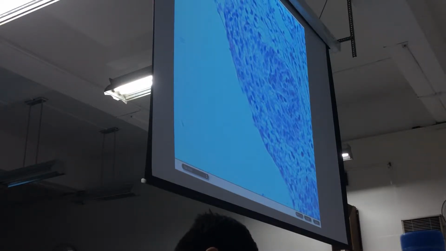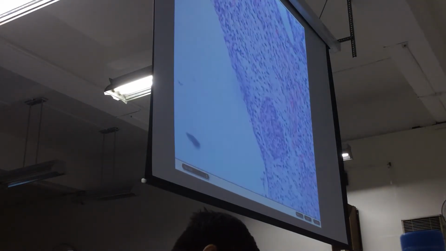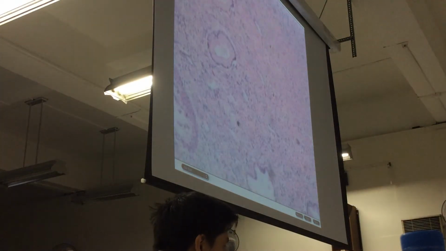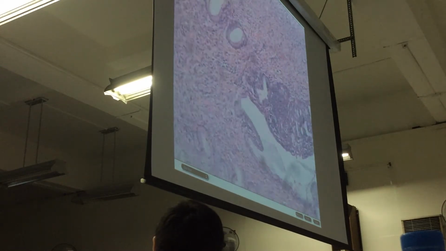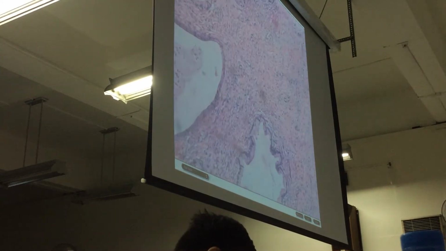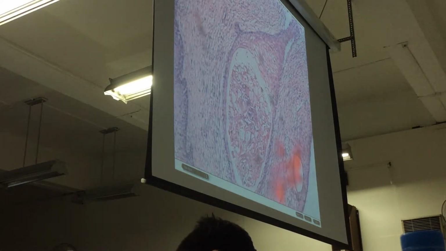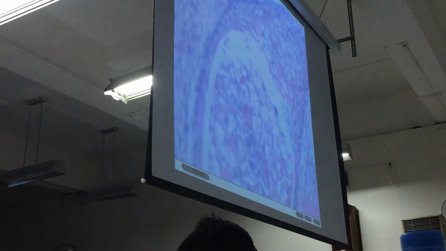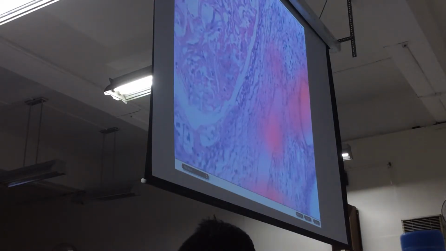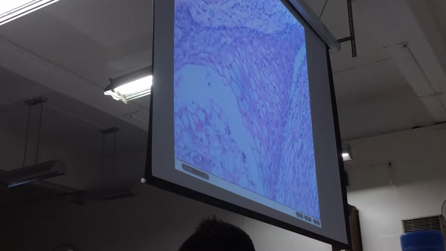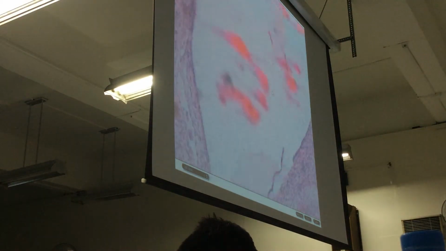So, you will see areas where endocervical crypts are lined not by tall columnar cells, but by stratified squamous epithelium, as seen in this particular view of the slide. That's an endocervical crypt, and it is lined by stratified squamous epithelium. If this happens, you have squamous metaplasia of the cervix.